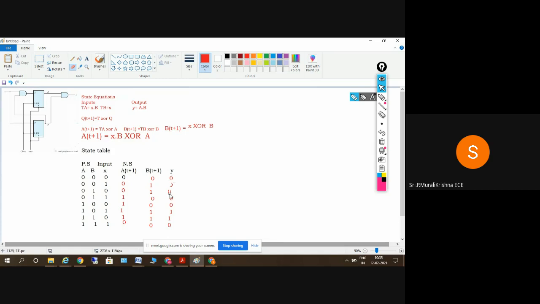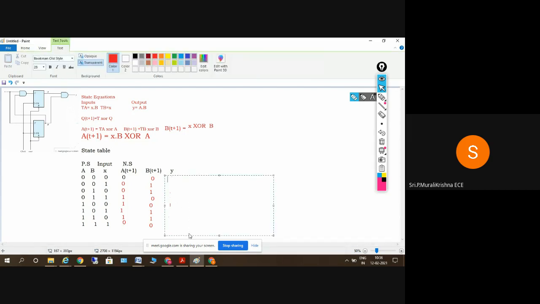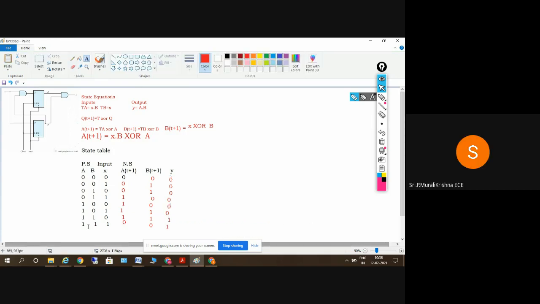I have done a of t plus 1 and b of t plus 1. It's a into b, and a of t plus 1 into b of t plus 1. 0 into 0 is 0, and the rest are 0. The last two are 1. Sorry, the mistake is that I had done a of t plus 1, b of t plus 1. It's a into b. So the last two are 1 1.